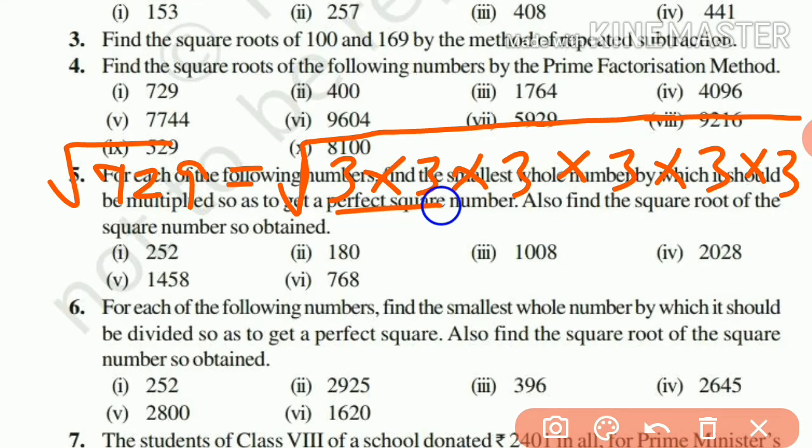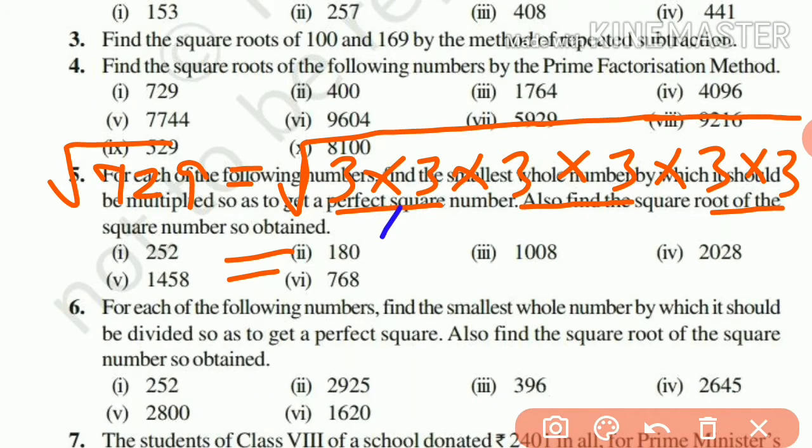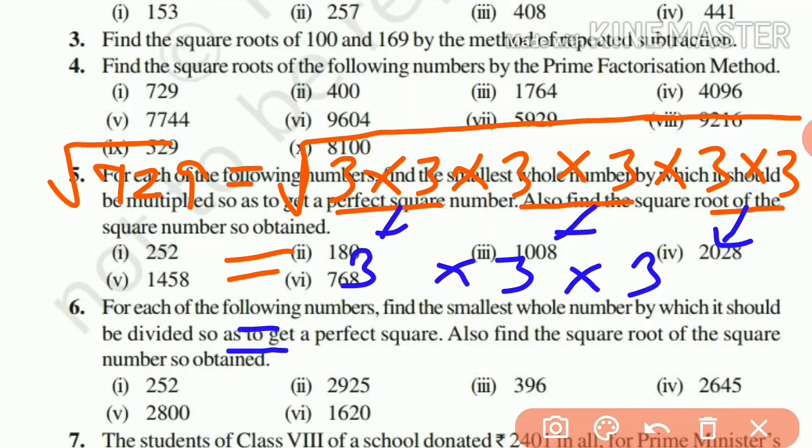So we will write one number for each pair. This is one pair, second pair, and third pair. For this pair only 3, for this pair only 3, and for this pair only 3. So it becomes 3 3s are 9, 3 9s are 27. So the square root of 729 is 27. Answer: 27.